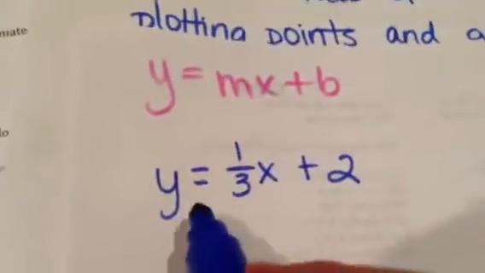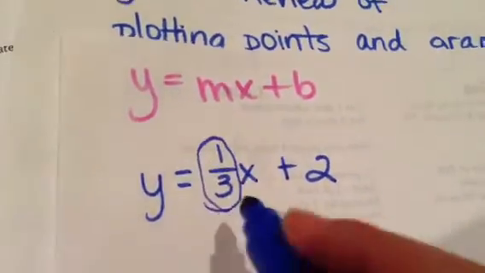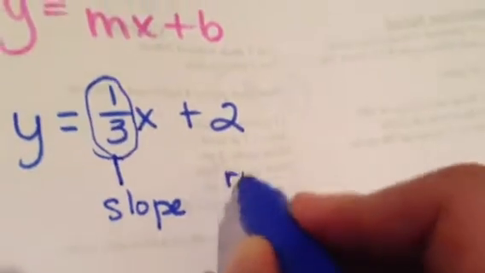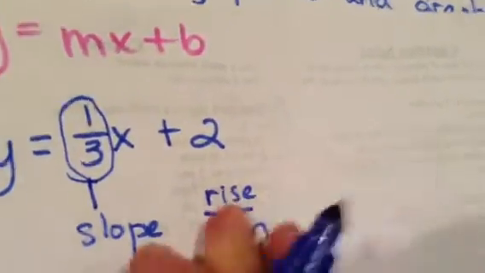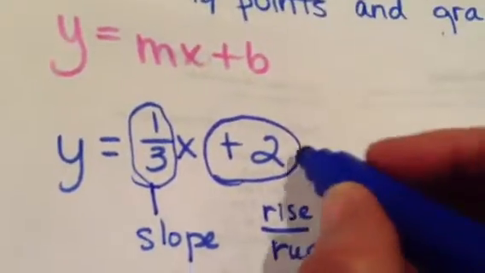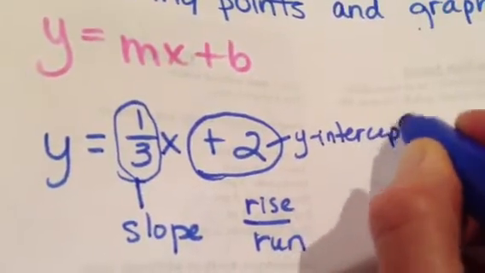Okay. Now what this line says, it's in slope-intercept form. This value right here is my slope, 1/3. Remember, slope is defined as rise over run. Okay? And we'll look at that just in a minute. This 2 right here is my y-intercept. That means the point that hits the y-axis.